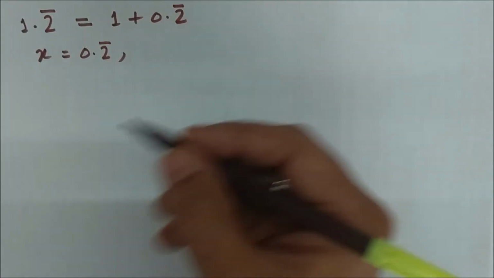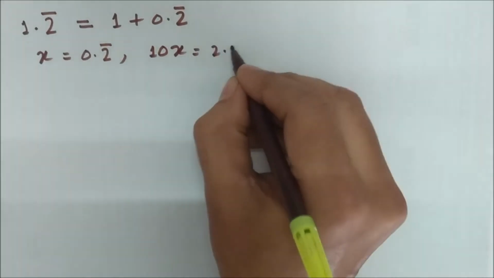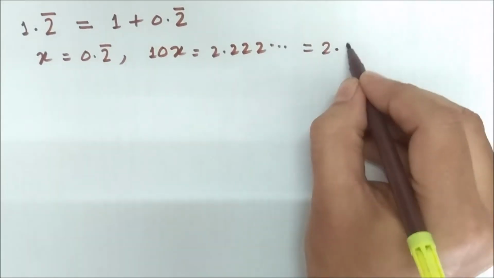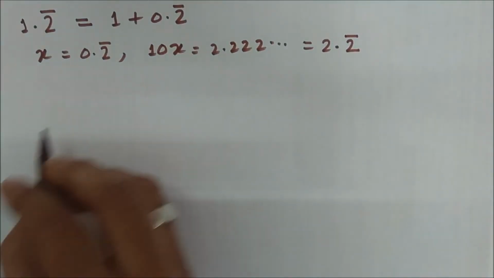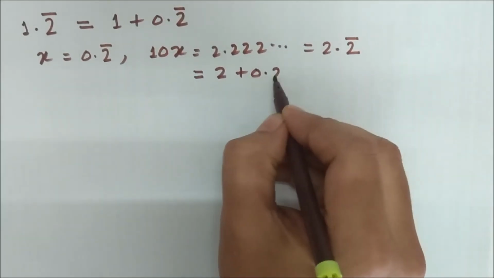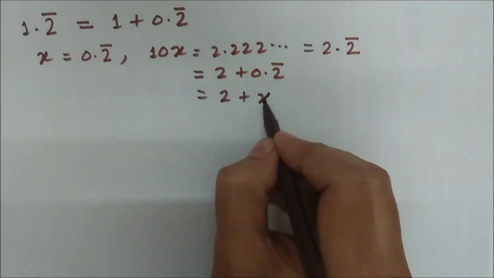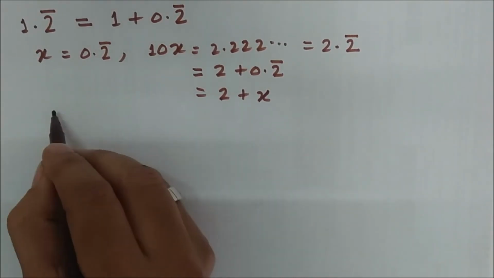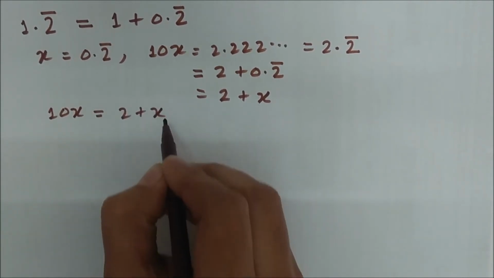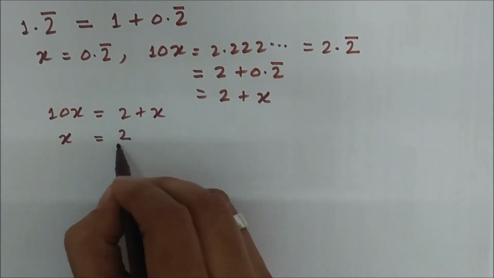Then again we multiply like the previous case by 10 and we get 10x is equal to 2.222 and so on, which can be further written as 2.2 bar. Then further this can be written as 2 plus 0.2 bar, which we have assumed as x, so it becomes 2 plus x. So finally 10x becomes equal to 2 plus x, and x is equal to 2 by 9.